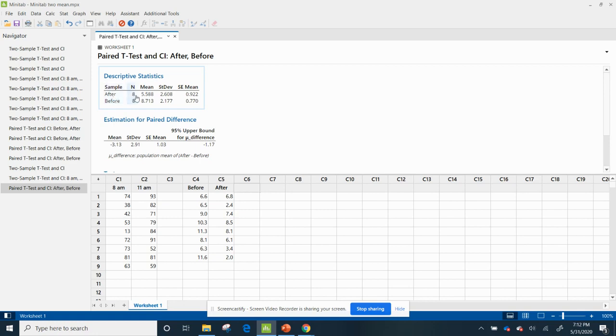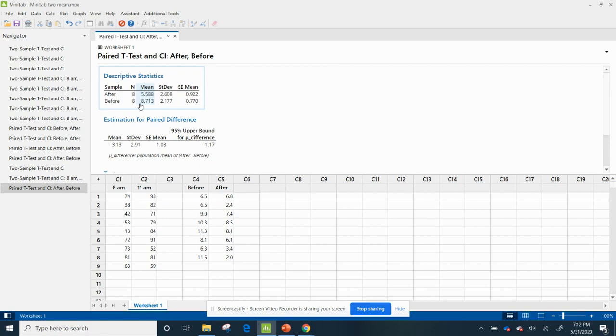So the after sample had 8 subjects. The mean was 5.588. Standard deviation was 2.608. The before had 8 subjects, which you have to have the same number of subjects because it's the same subjects. Does that make sense? I don't have different people for the before and after. It's the same group of people. If somebody drops out, you can't count them. You have to have the before and after.